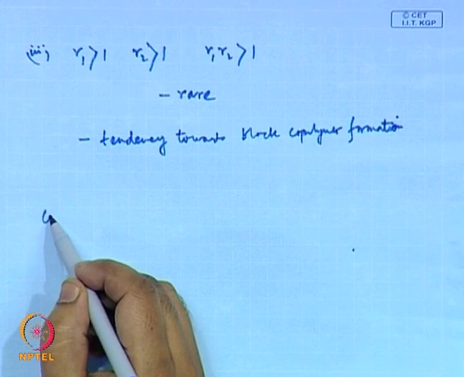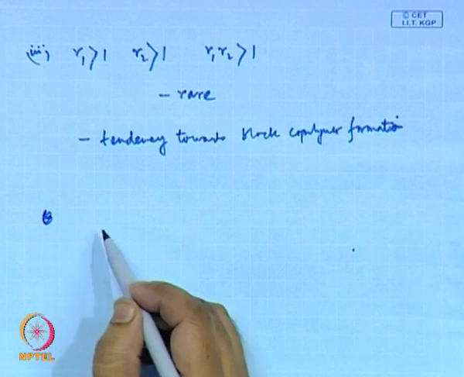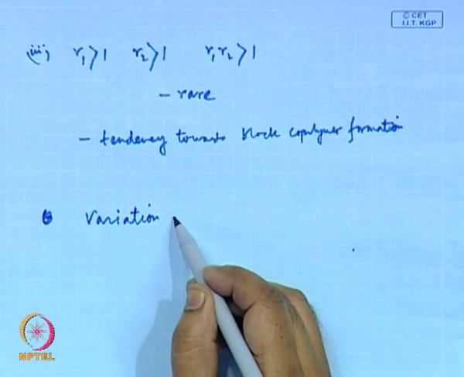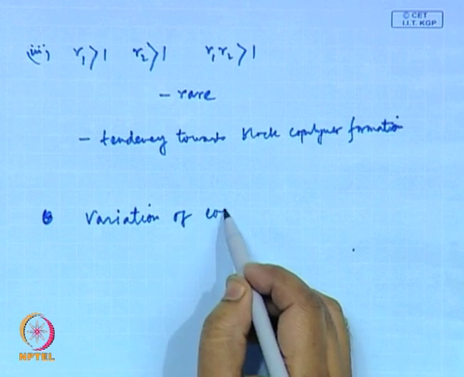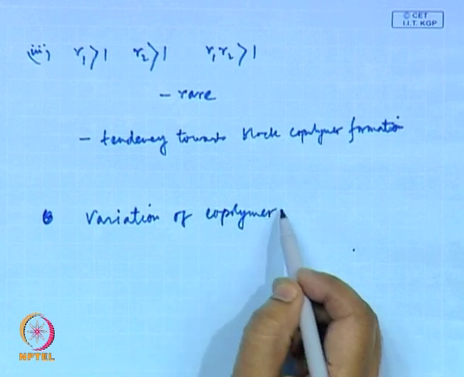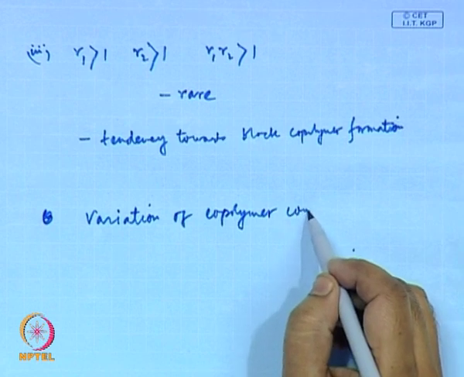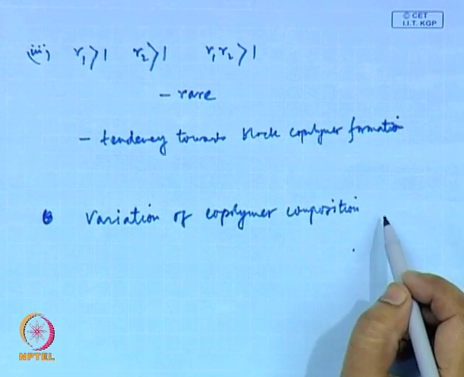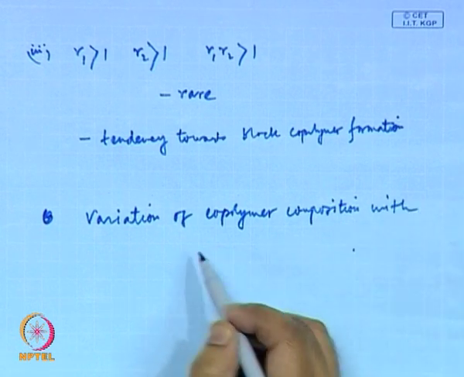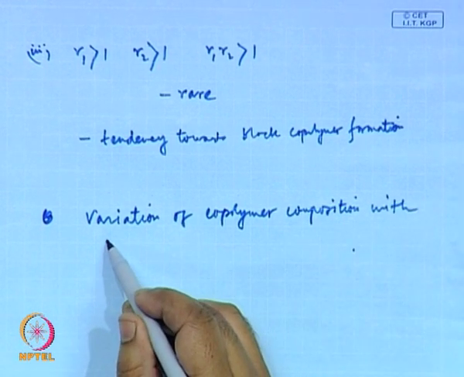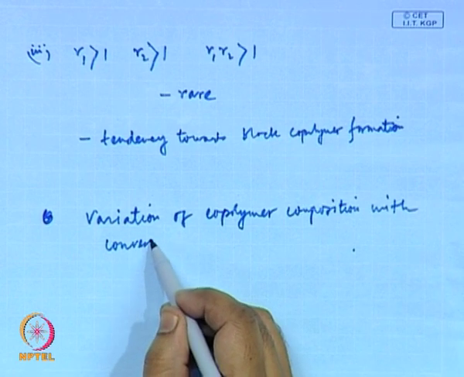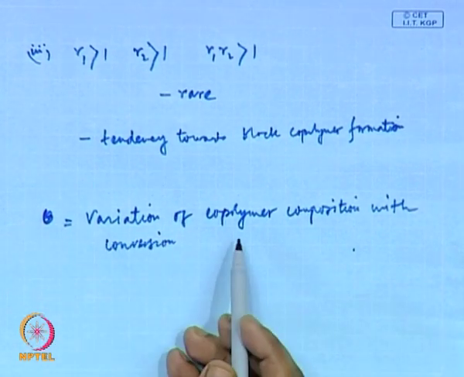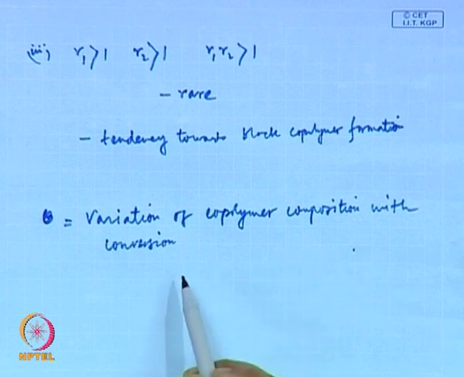How this different set of values of R 1 and R 2 would change the copolymer composition with conversion.